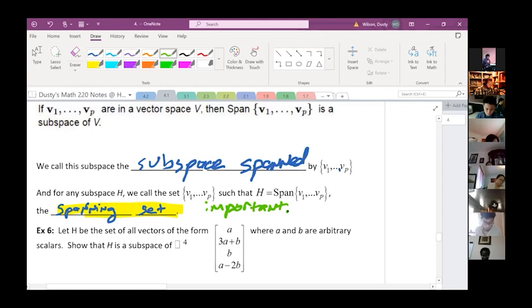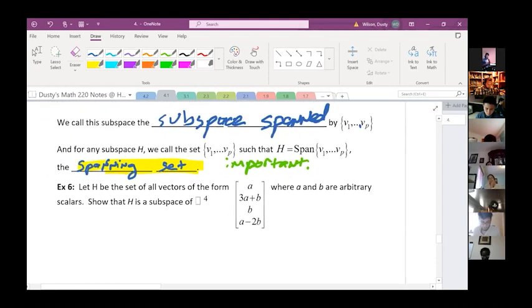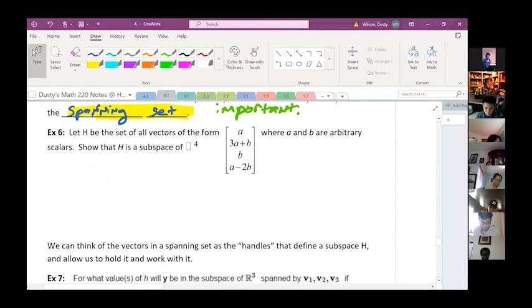One last little example here. Let H be the set of all vectors of the form given, where A and B are arbitrary scalars. So we can show that H is a subspace of R4.